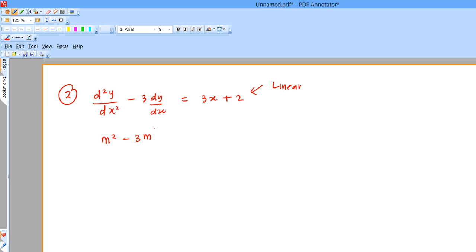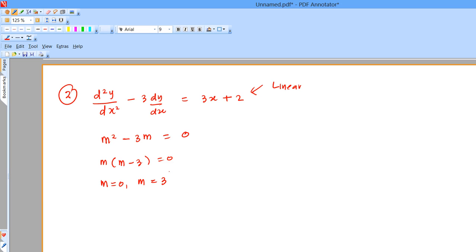And we don't have the third term, so equal to 0, and then factorize on the left hand side, we get m times m minus 3 equal to 0. So the first m equal to 0, second m equal to 3, means m1 does not equal m2.